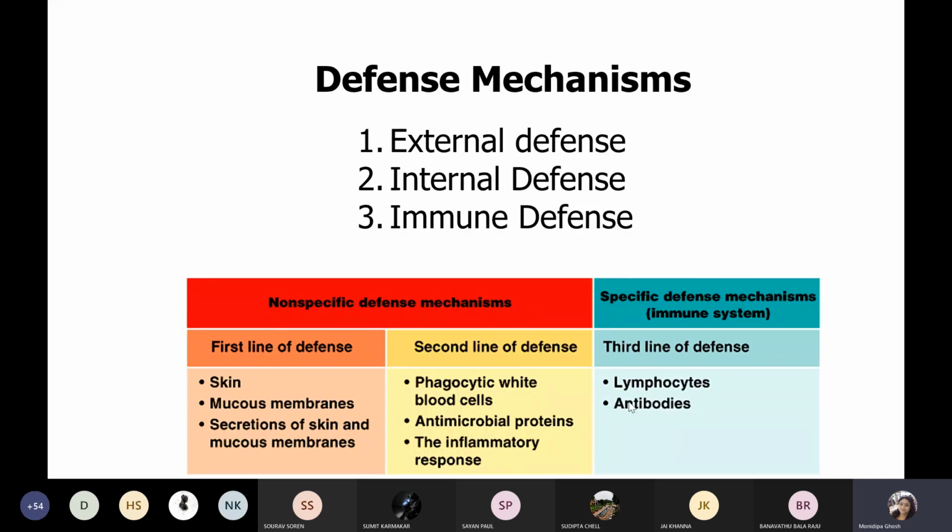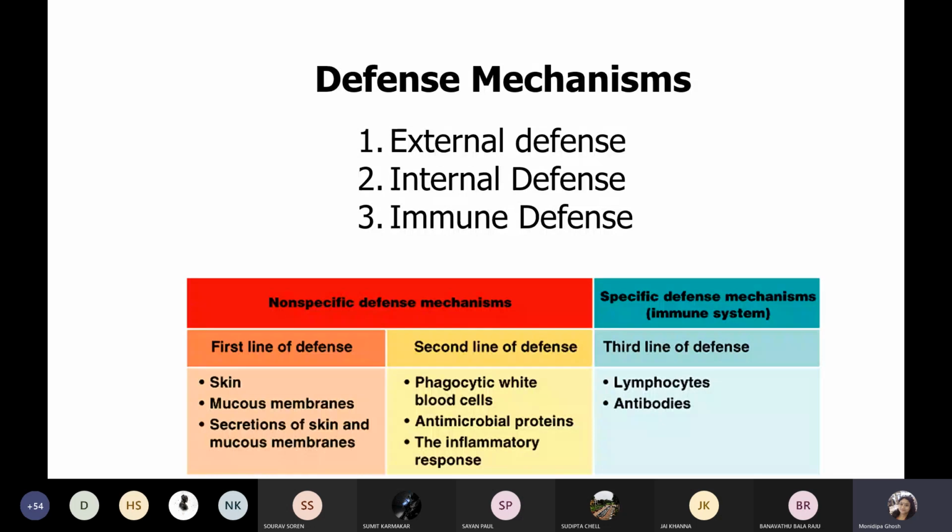And the skin is the first line defense, where it is capable of resisting the foreign interactions of the pathogens and chemicals, and the secretions of the skin and the mucous membrane. The second line defense is the phagocytic white blood cells, that is the WBCs, antimicrobial proteins, and the inflammatory response. Whenever we have some chronic infections, we visit the physicians and they prescribe us to check the TC DC, the blood count.